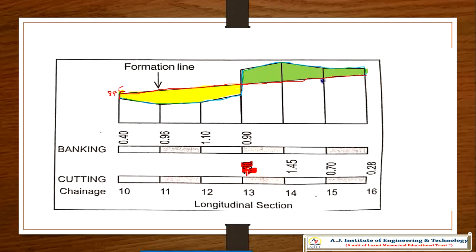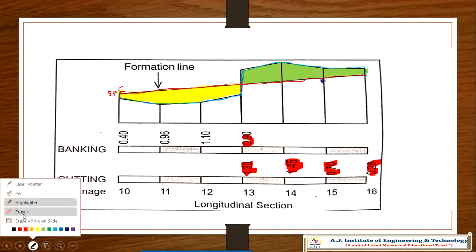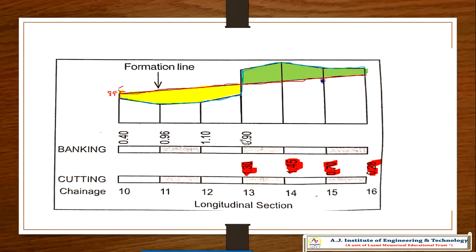We are getting both cutting and banking. Because of the sudden drop, the ground level will be like this. So with the sudden drop, we are getting cutting and filling both in the same line. So that is what we are going to say here.